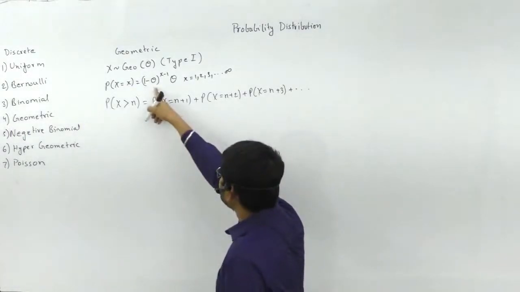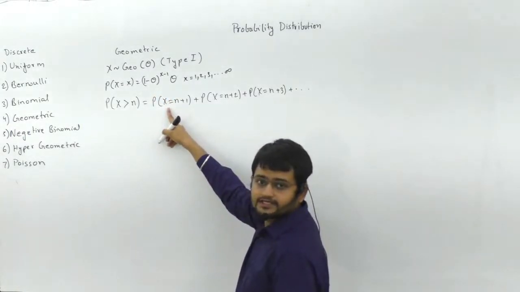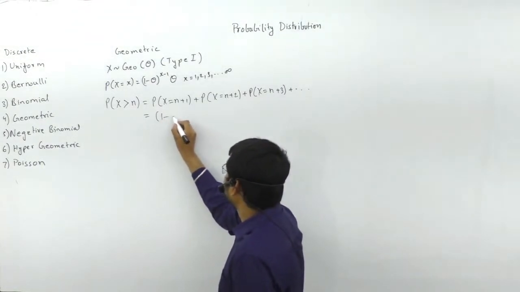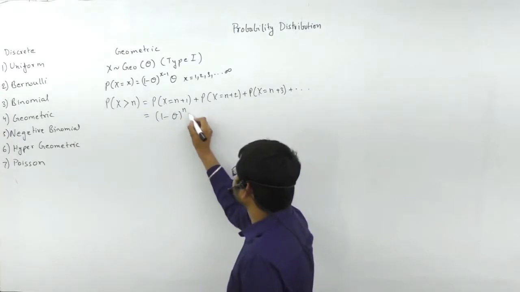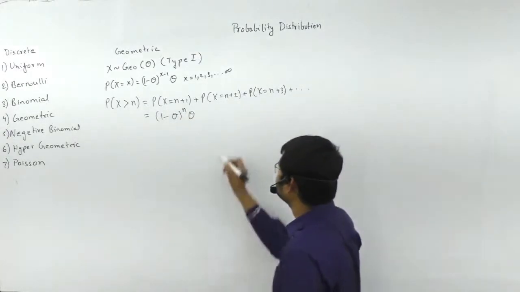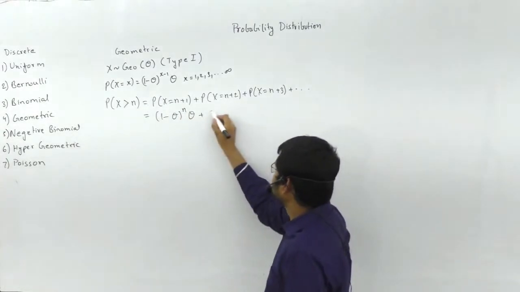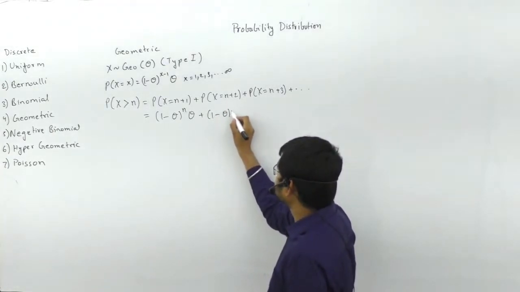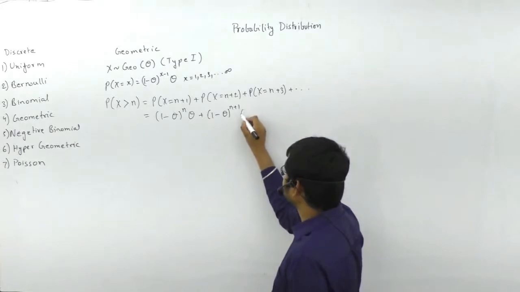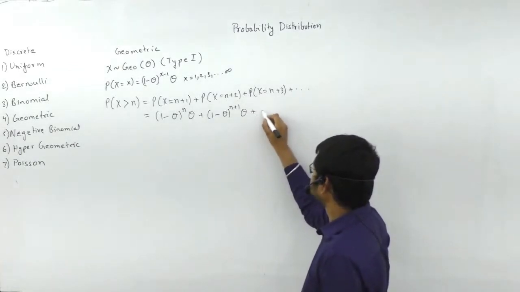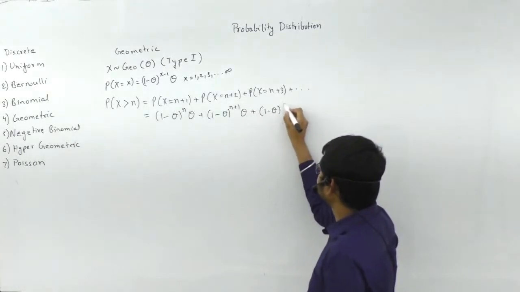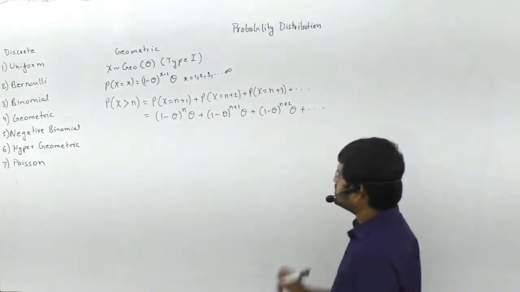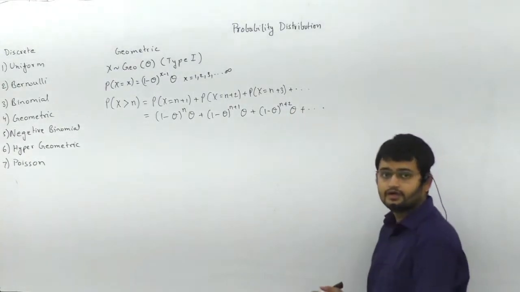So now I can say probability x equal to n plus 1 is nothing but (1 minus theta) raised to n into theta. Then x equal to n plus 2 will be (1 minus theta) raised to n plus 1 into theta, plus (1 minus theta) raised to n plus 2 into theta and so on forever.